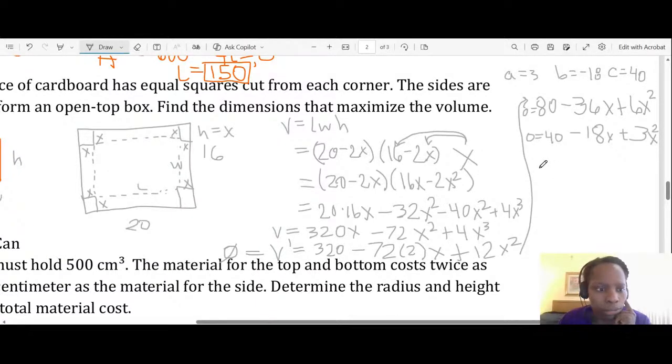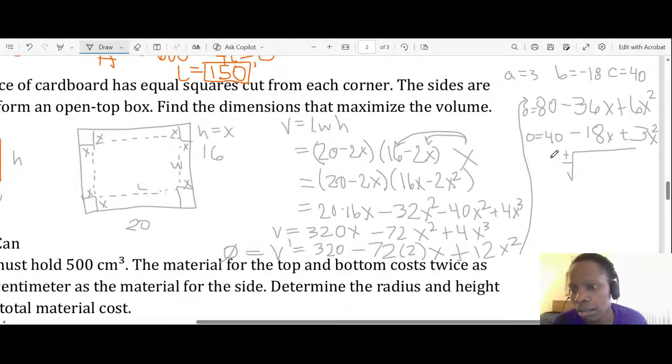So x is equal to plus or minus the square root. Let's put a plus or minus here. Square root of, hold on. Wait one moment. Okay.